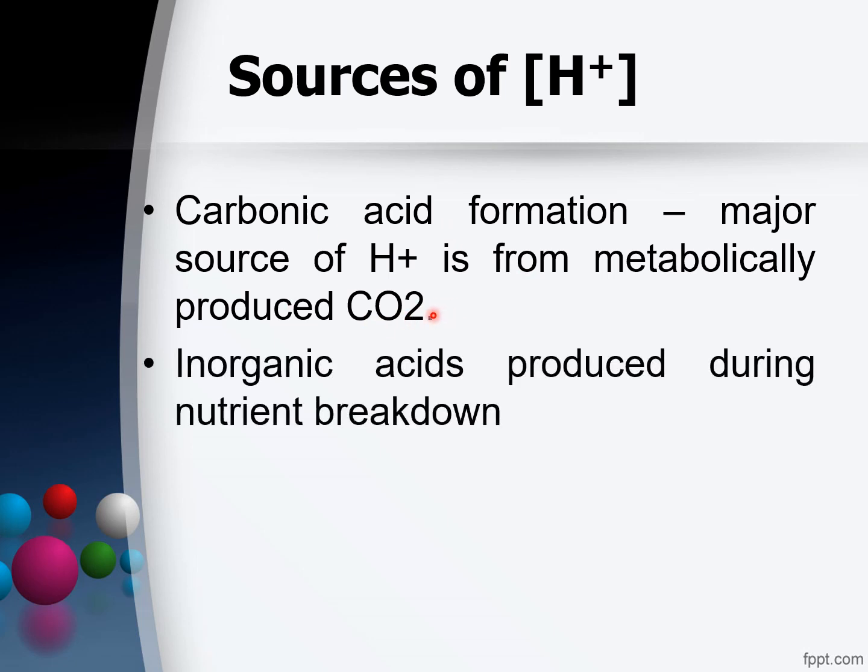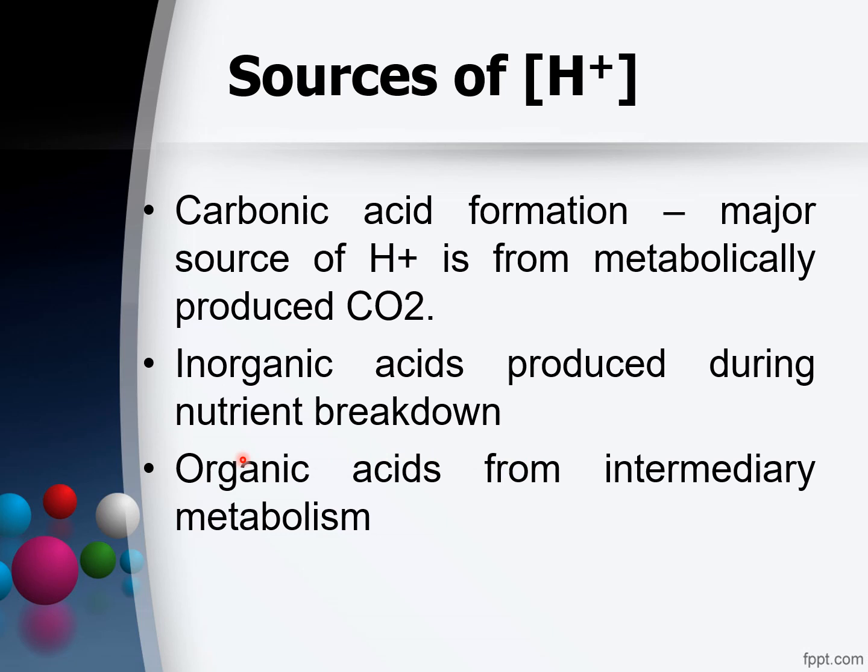Another source of hydrogen ions is the inorganic acids produced during nutrient breakdown. Dietary proteins contain a large quantity of sulfuric acid and phosphoric acid. Another source of hydrogen ions is the organic acids from intermediary metabolism. Examples of these are lactic acid and fatty acids.